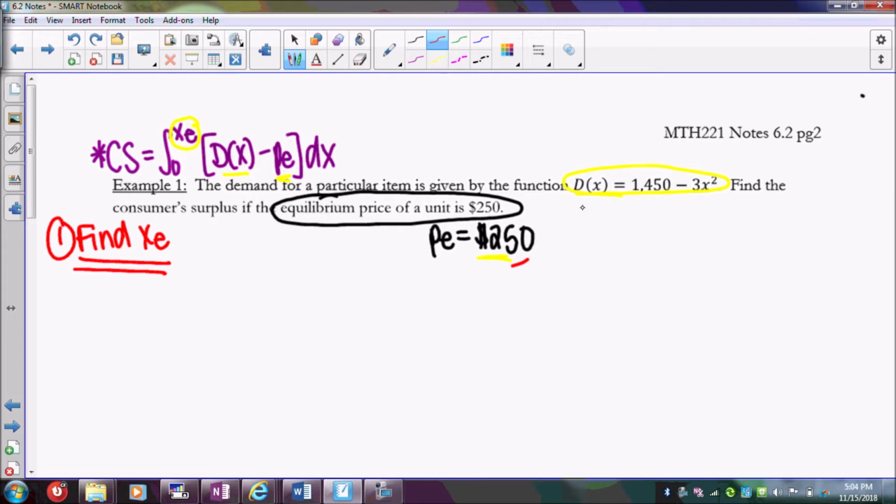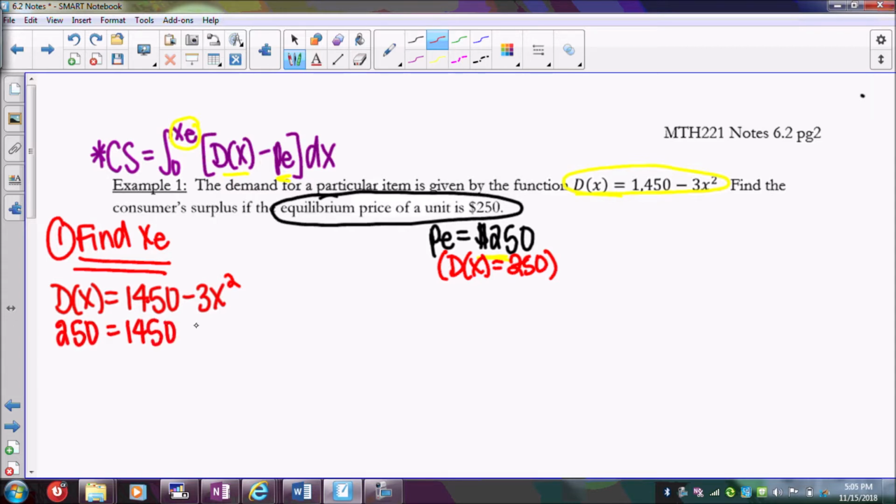So we're going to take our demand function, d of x equals 1450 minus 3x squared, and replace d of x with 250, because this really means d of x is equal to 250. So 250 is equal to 1450 minus 3x squared. We're just going to solve this for x.